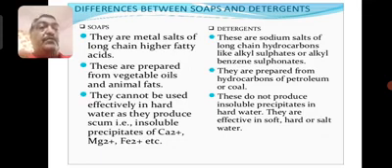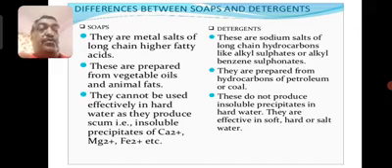Now when we come to the detergents, these do not produce insoluble precipitate in hard water because there is no carboxylic group. Here is a sulfonate. So almost all sulfonates are soluble in hard as well as soft water. They are effective in soft as well as in hard water or salt water also, if the water is contaminated with salt.